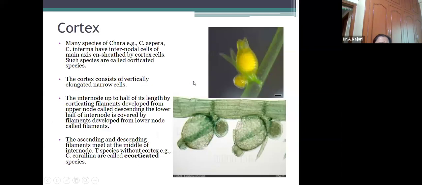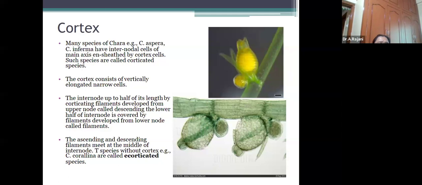And what is the cortex? In many species, Chara aspera and Chara inflata, the internode cells of the main axis are ensheathed by cortical cells. Such species are called corticated species. The cortex consists of vertical, elongated narrow cells, where the corticated filaments of the internode develop from the upper node.